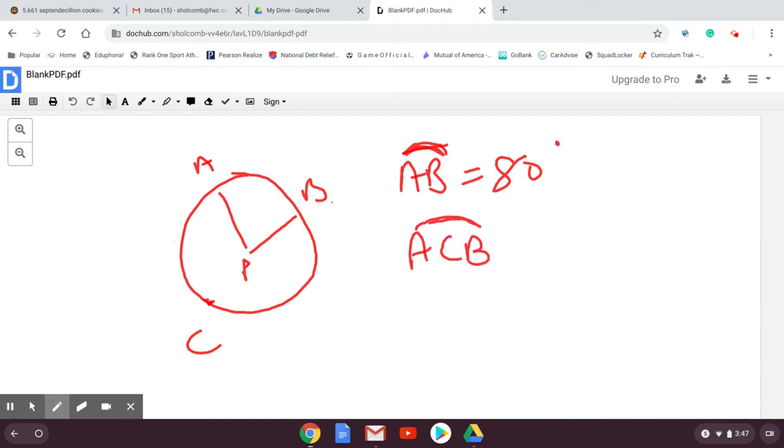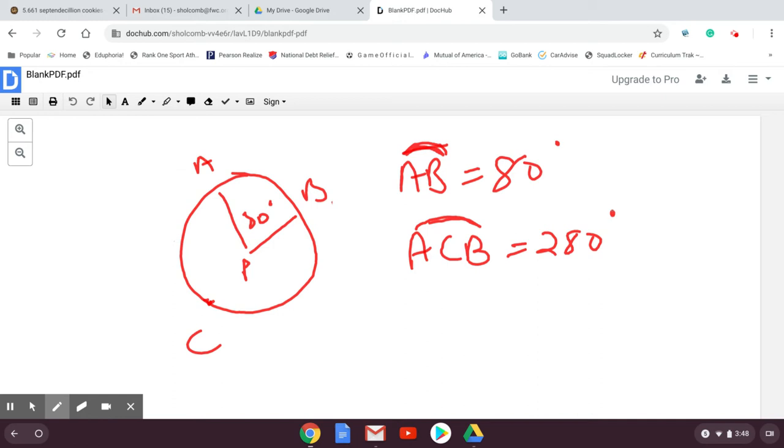Well, how many degrees does every circle have? 360. If it's got 80 in here, all you would have to do is 360 minus 80, which would be 280 degrees. So the measure of the major arc, which goes with the minor arc AB, the remaining degrees, would be 280 degrees.